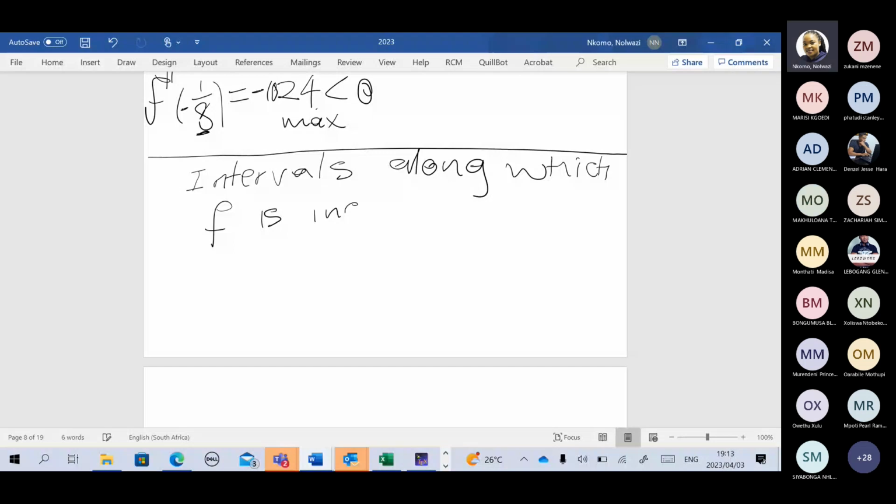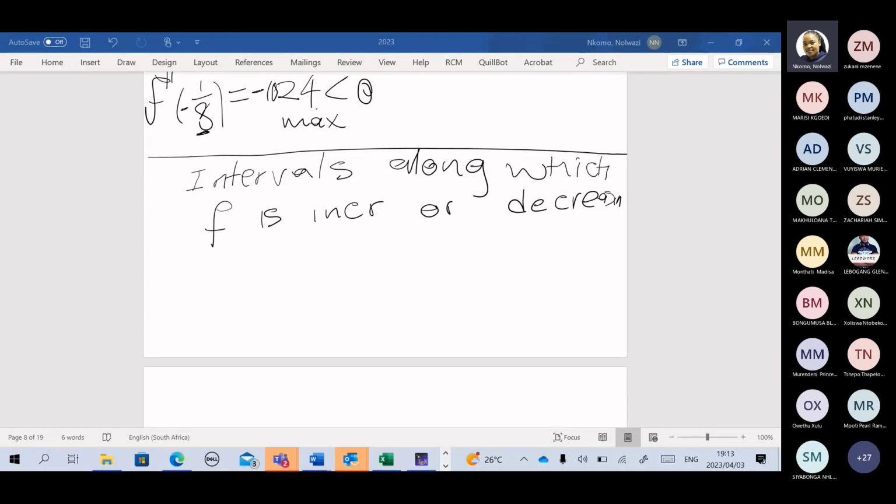Okay, now the next section is to find the interval whereby the function is increasing or decreasing. Now, we are not asked to find the maximum point or the minimum point.